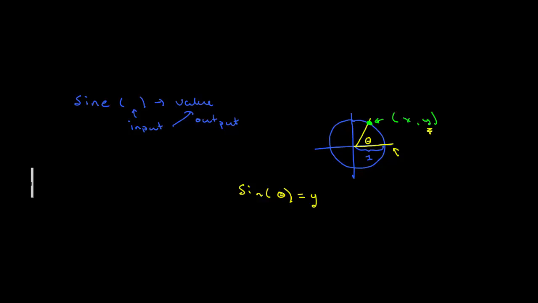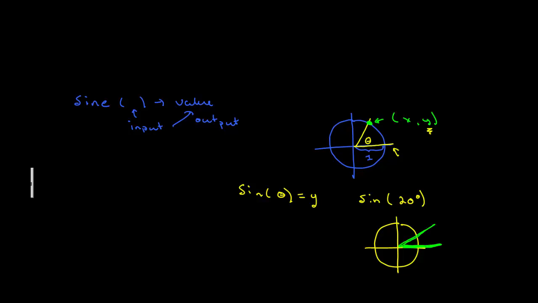So for example, if we said the sine of 20 degrees, what we're looking for is on a unit circle, if we make an angle of 20 degrees, oops, let's draw that a little bit better down here.